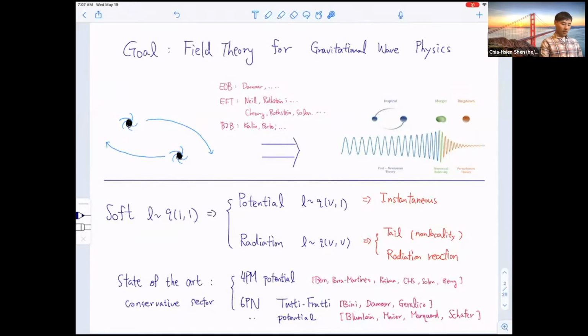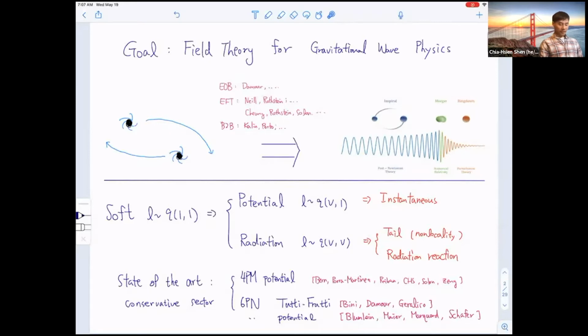But with the idea in mind that I want to apply it to bound states, I think it's still more useful to split into potential and radiation. So I share all the sentiment that Gregor just talked about, that it's annoying, but unfortunately in practice, I don't know a way that doesn't do this splitting for the bound state calculation. And in traditional GR, we also have a similar splitting, the near and far zone regions.